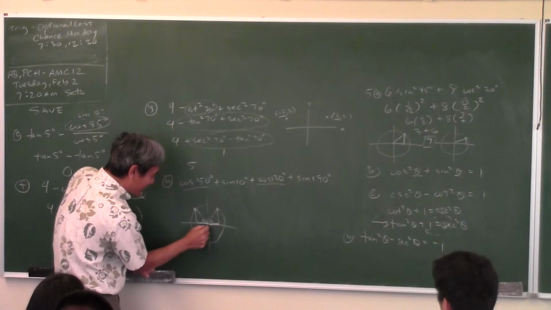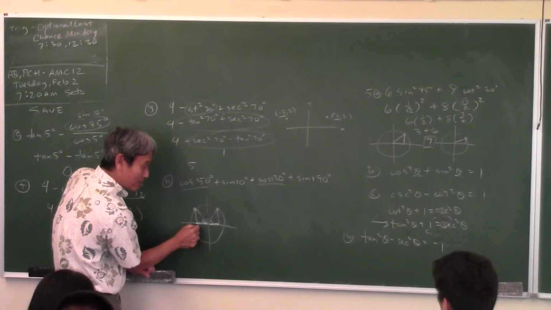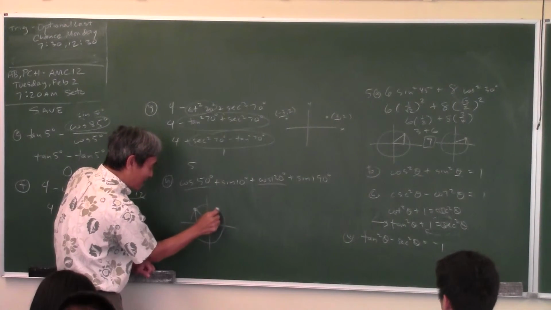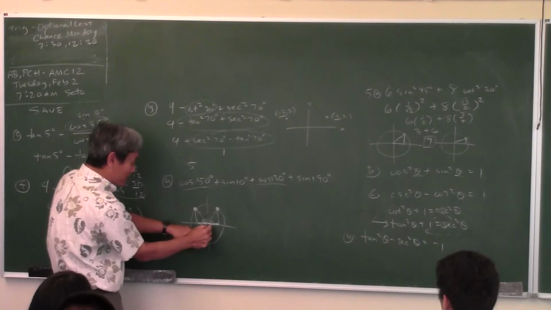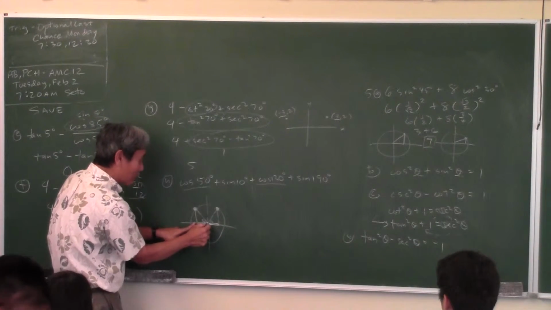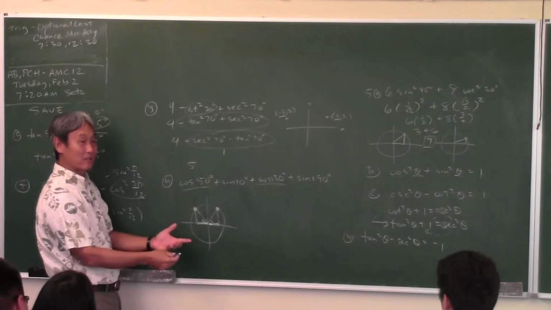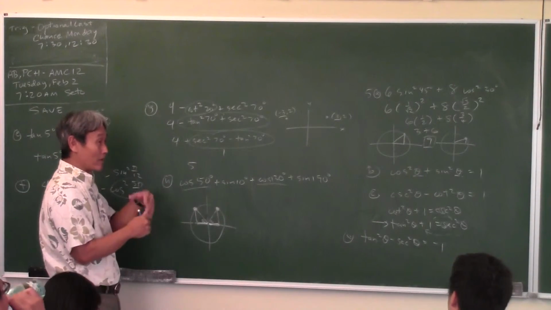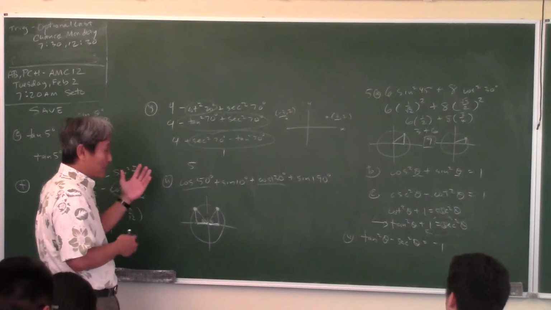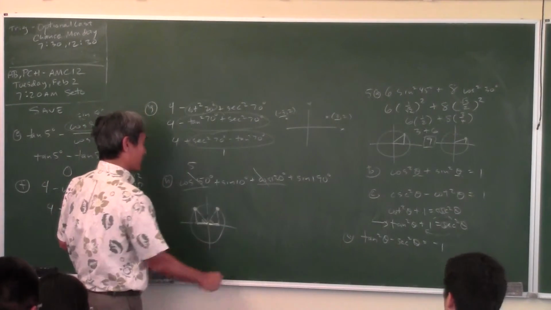This side is equal to that side. So what can you say about this x-coordinate and that x-coordinate? One is positive, the other one will be negative. Don't they cancel out and you get 0? Because they're the same length, I don't know what the length is, but one is positive and one is negative, so they cancel each other out.